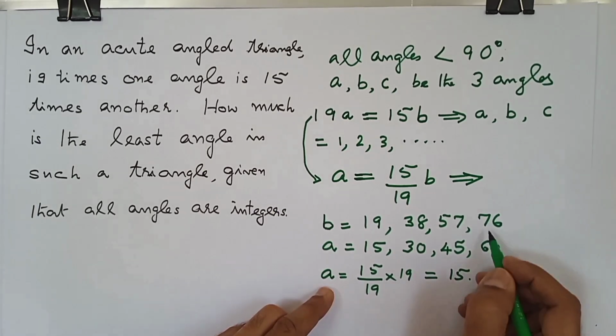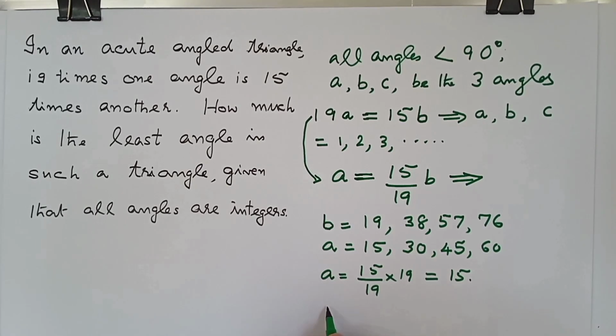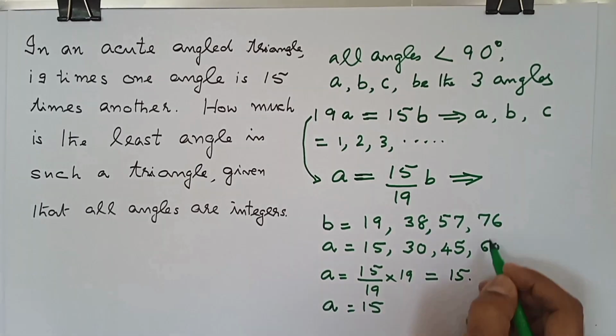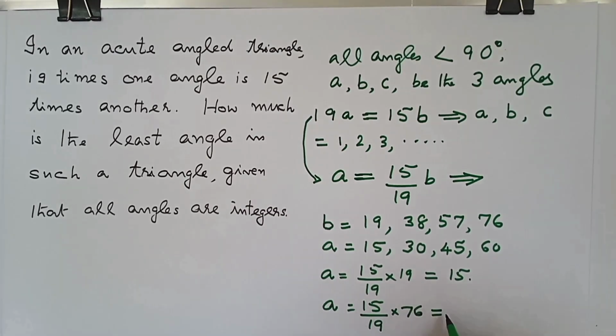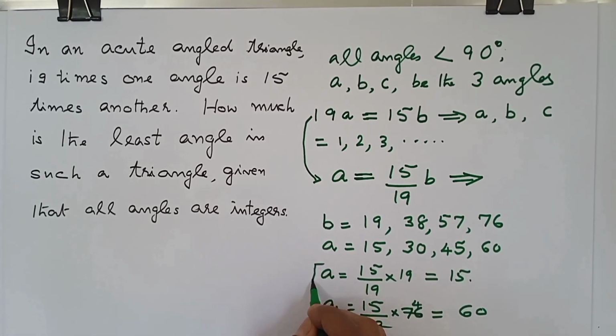Okay, I will work out one more to help you understand it better. Putting B equal to 76, 19 goes how many times? 4 times. And that will be 60. That's what I have written here.